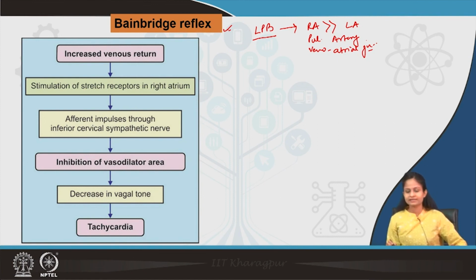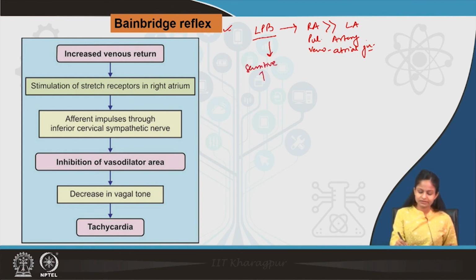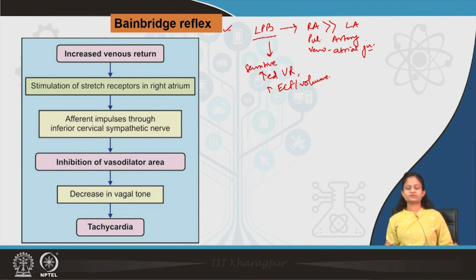As I told you, the high pressure baroreceptors are usually sensitive to the stretch, they are mechanosensitive. The low pressure receptors are usually sensitive to increased venous return or increased ECF volume of blood.